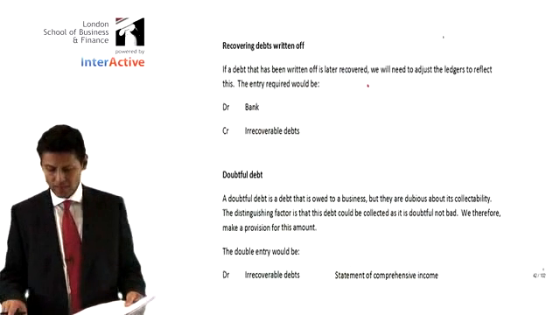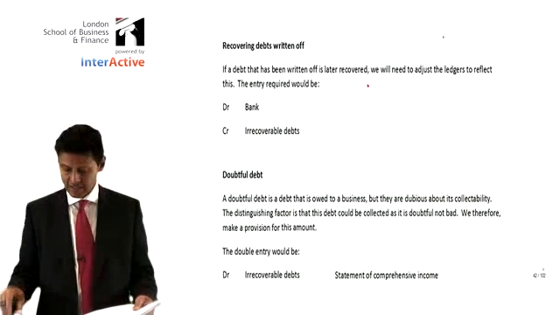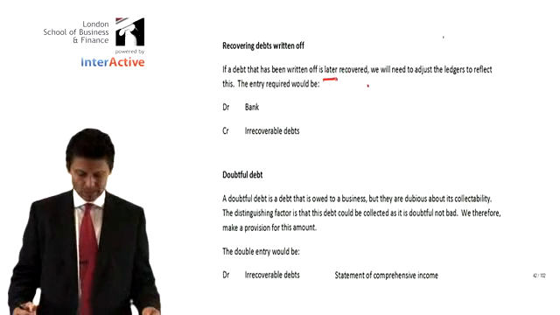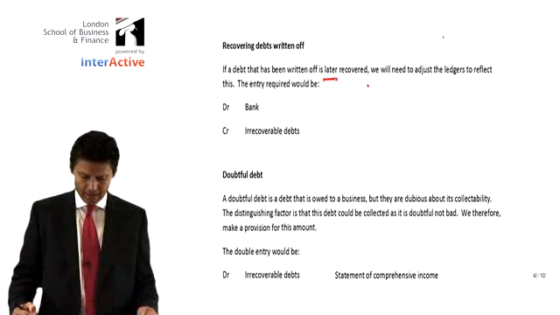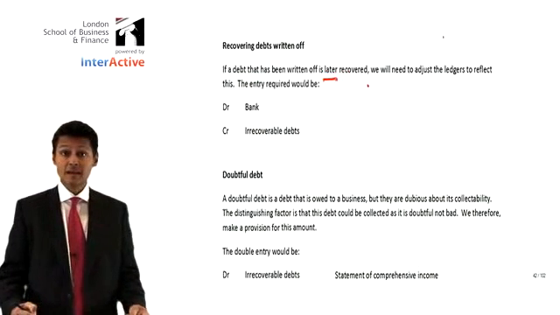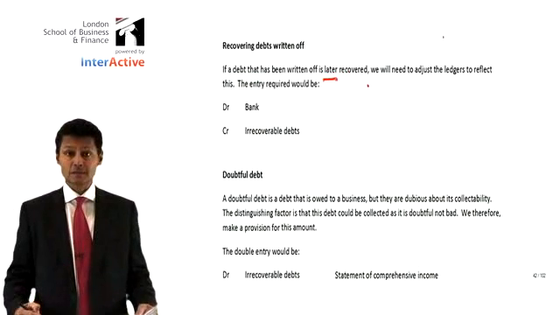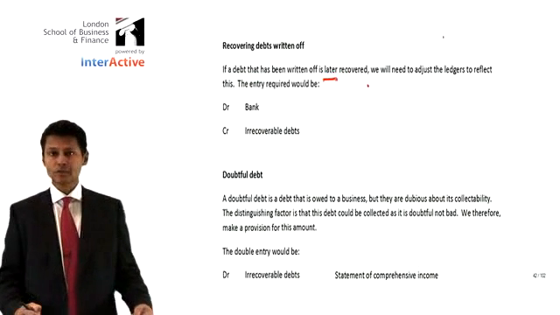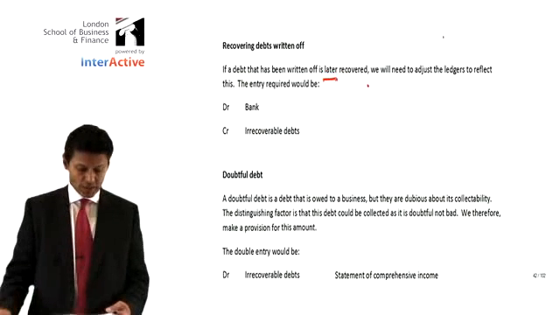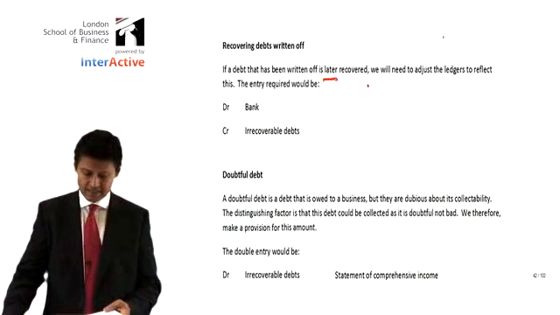If a debt that has been written off is later recovered, emphasize the word, if you would kindly, the word later. In other words, if I can revert to our friend Zippy upstairs, Zippy owed us 4,000. Let's say out of the 4,000, 1,000 is recovered. We will need to adjust the ledgers to reflect this.